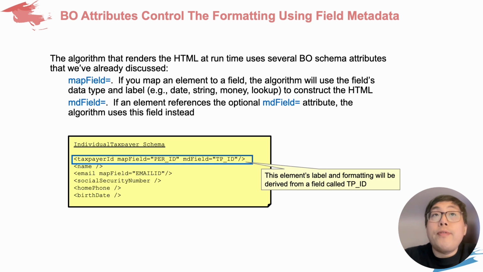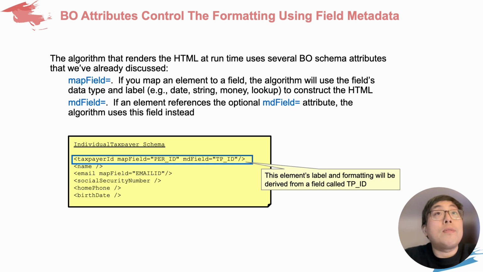So map field means, for this taxpayer ID element, where the value will be stored in the database. And when you say it's map field, normally that is a column in the database.